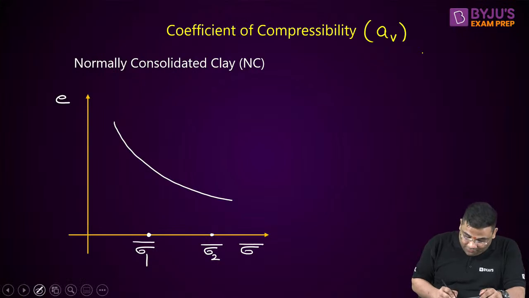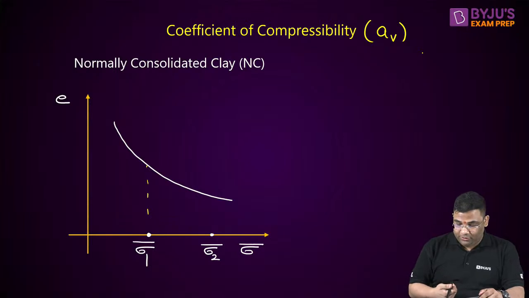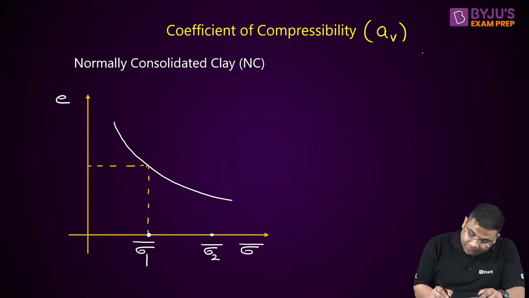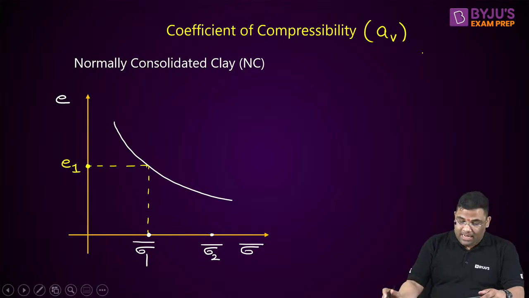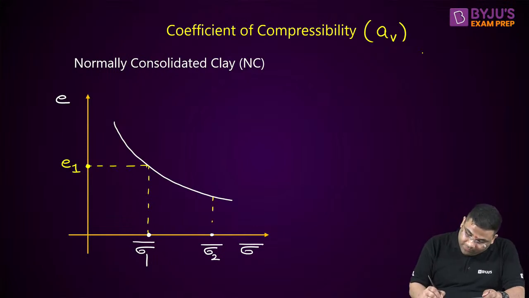Now you see, corresponding to this sigma 1 dash, there is some void ratio. Suppose that void ratio is E1. Then corresponding to sigma 2 dash, we will get some void ratio, let it be E2.